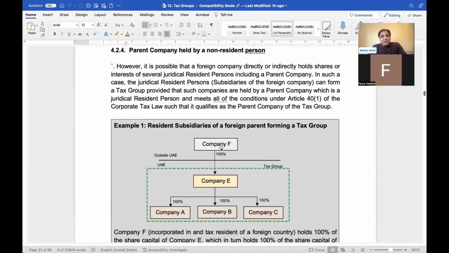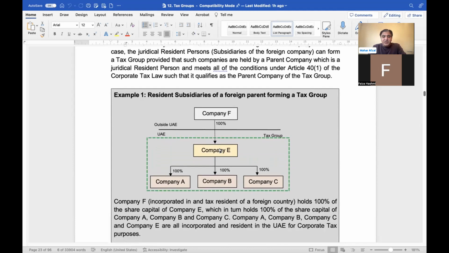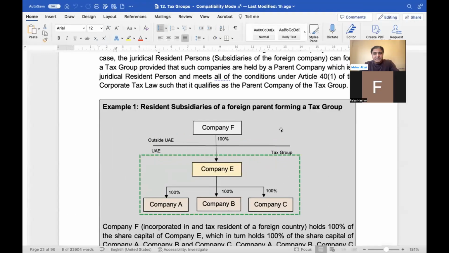So you can say there's one company, company F, which is registered out of the UAE. I'm assuming this company is not being controlled and managed from the UAE, so it will be considered a non-resident company. This non-resident company cannot become a part of the tax group. But the subsidiary within the UAE, company E, owning companies A, B, C, yes, these entities can become a part of the tax group. So these four entities, E, C, A, B, can become a part of the tax group.